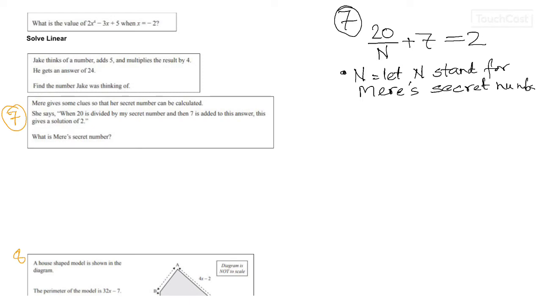That is a very important statement you have to make. You also need to understand 20 by n itself is a group, and once we complete that act, that means when I divide 20 by the secret number, that gives me an answer.